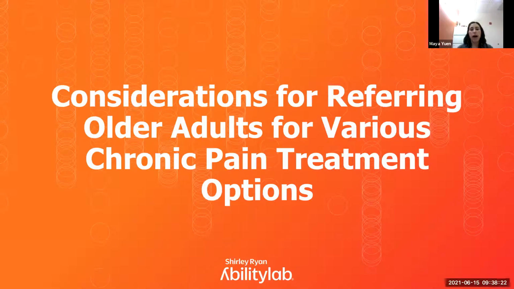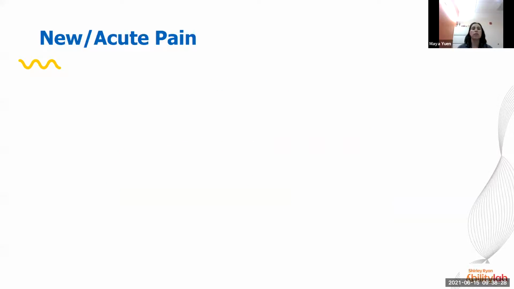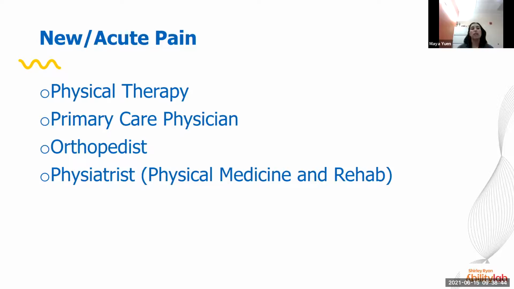So, how do you refer your clients and their patients to the right care? We've already talked about understanding the difference between new versus chronic pain. So if your patient has new or acute pain, it's appropriate to refer to single service providers such as physical therapy, primary care physician, or a gerontologist, orthopedist. Certainly a physiatrist.